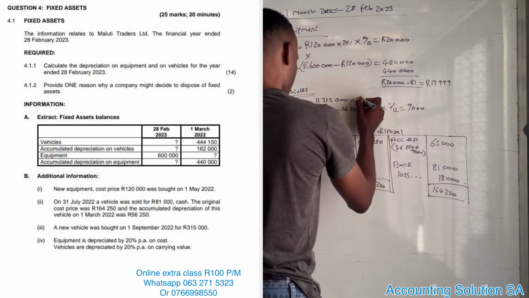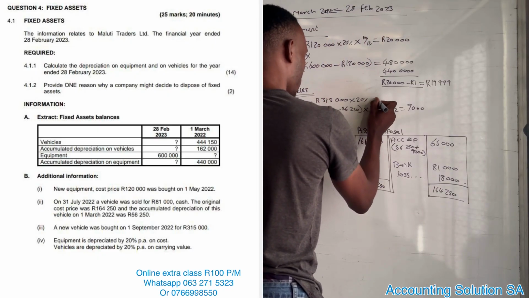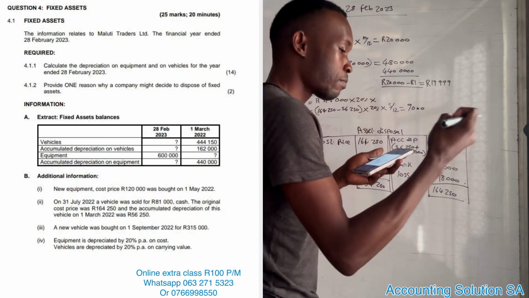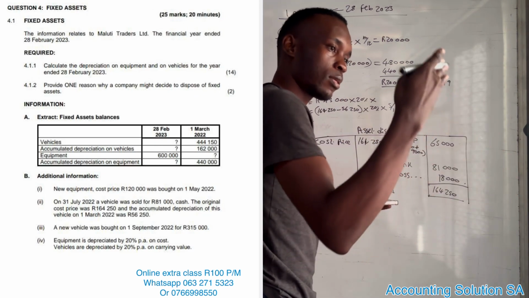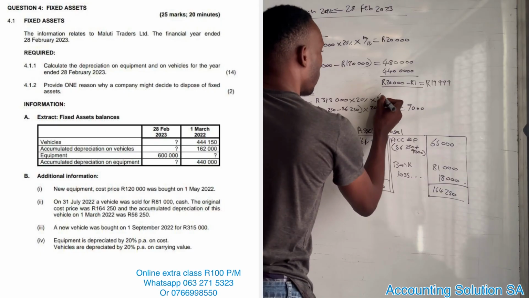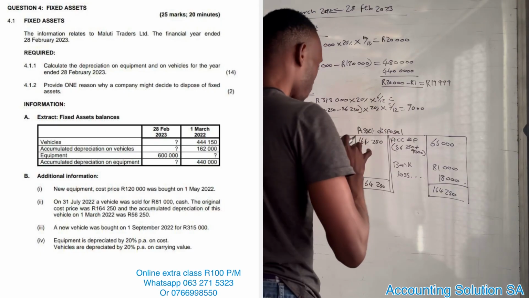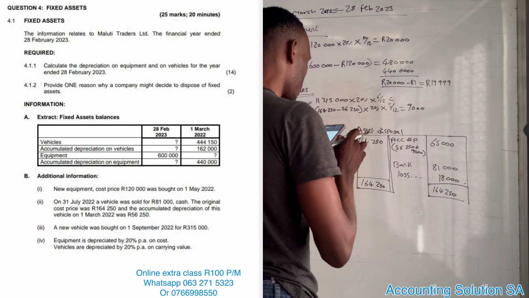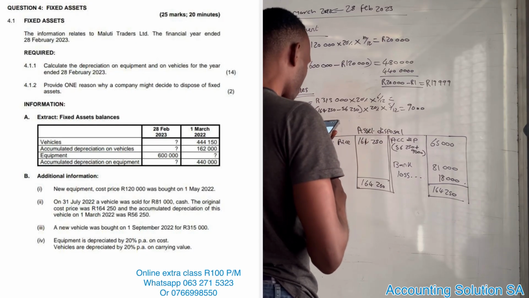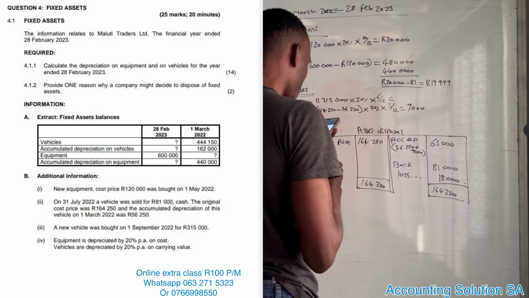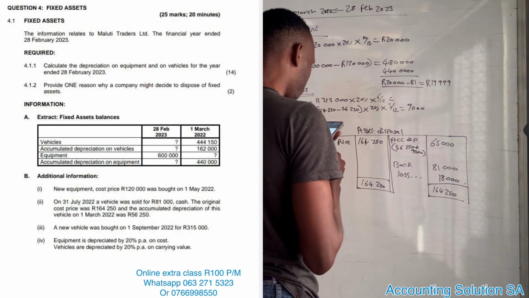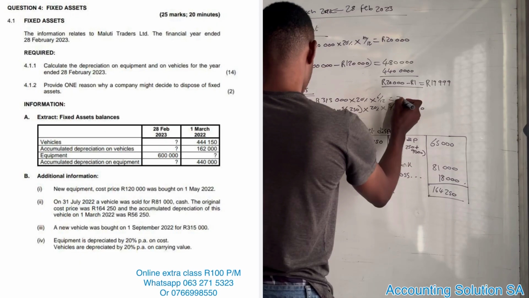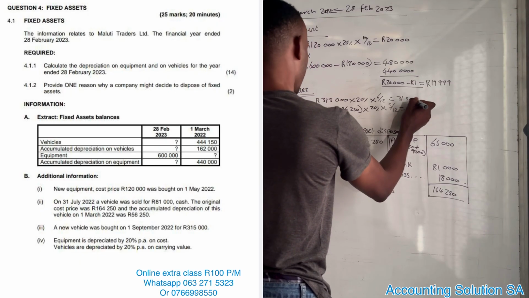We just multiply by 20%, and we count months: September, October, November, December, January, February. 6 over 12, and it's going to give us 31,500.